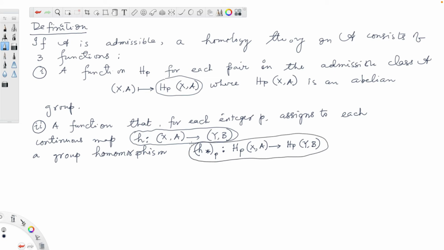So it's a functor, right? So H star at P is the image of H under the action of that functor.